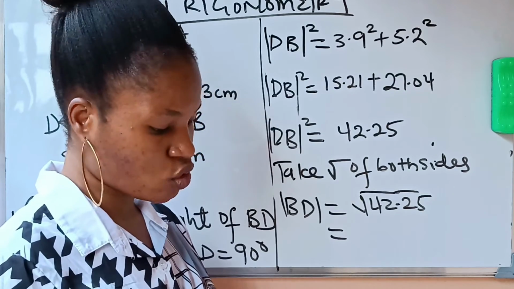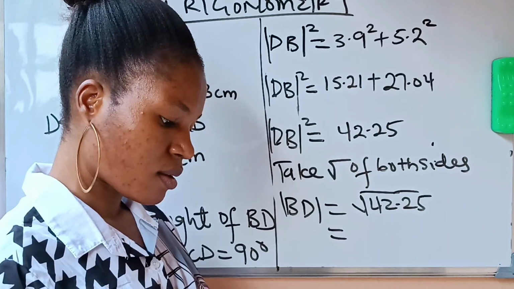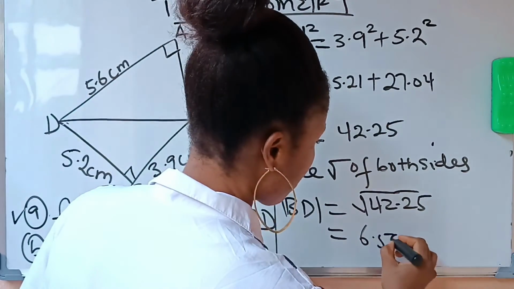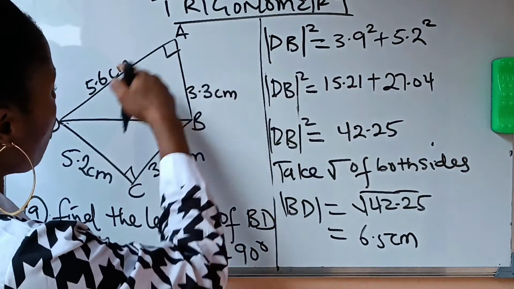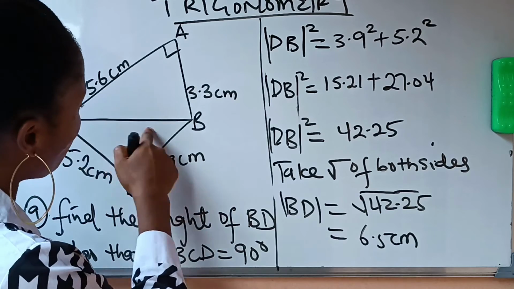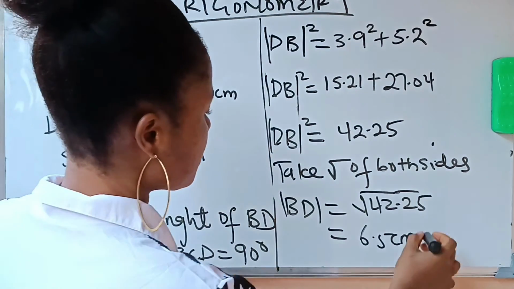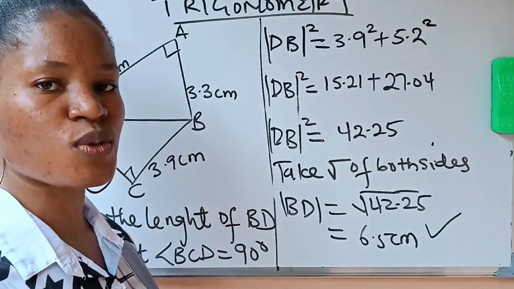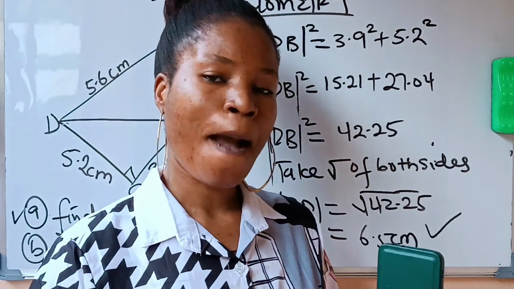The square root of 42.25 is 6.5 centimeters. And that is exactly what we got when we worked on this line using the first triangle. So that proved that, yes, our angle BCD is equal to 90 degrees. Thank you so much for watching. Bye.